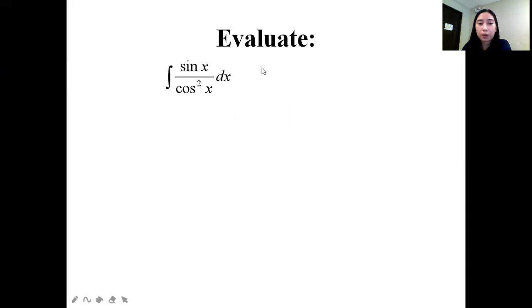So, for our next example, the integral of sine x over cos squared x dx. So gamitan nato siya og trigonometric nga identities. Okay, so pwede na ma-extract si cos x dinhi. So makuha nato integral of 1 over cos x times sin x over cos x dx.